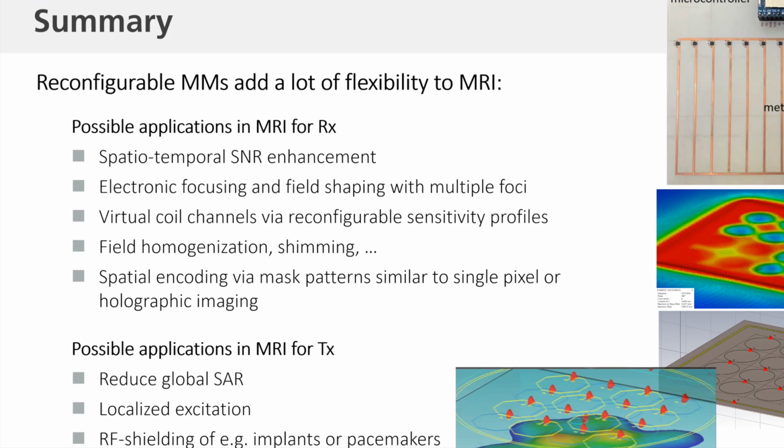Yeah, so first of all, we don't need any receiving part. So we are more flexible. We have a degree of freedom of, let's say, 64 different channels or whatever, which we can add on top of the receive channels.